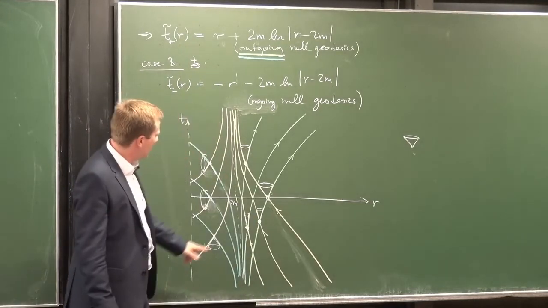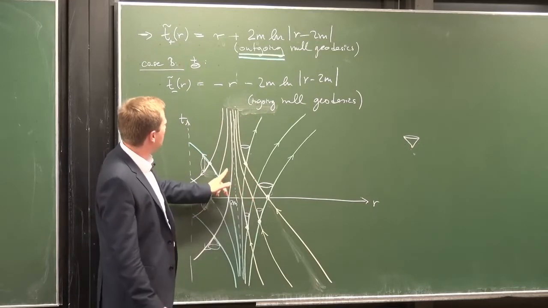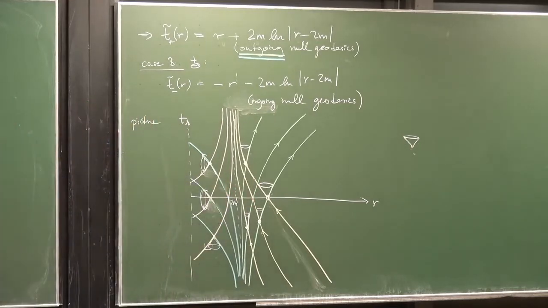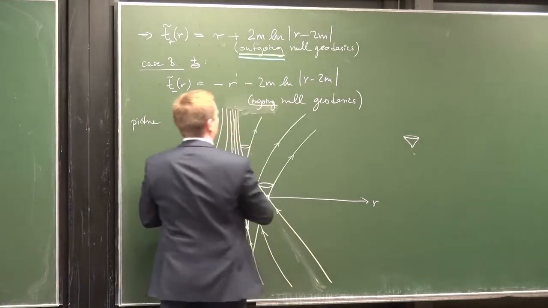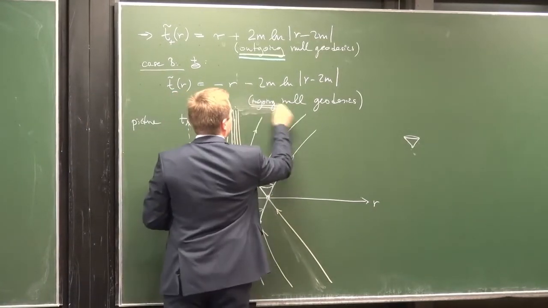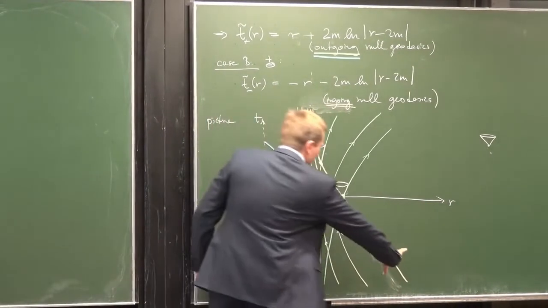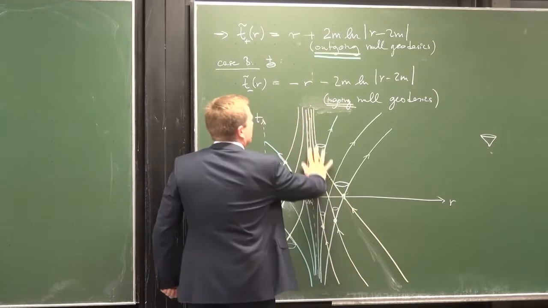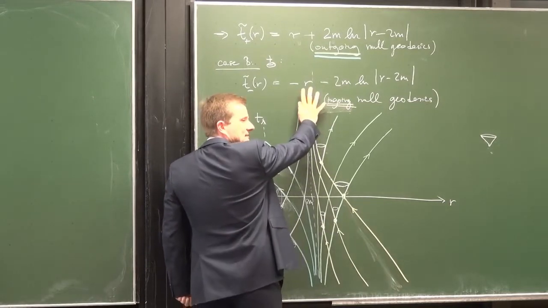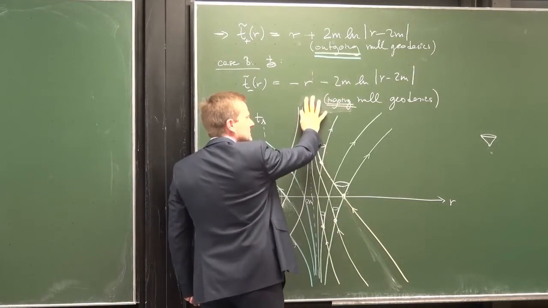What happens here? So the yellow and the red ones are the infalling ones, right? That we got from the ingoing solution. Now, isn't it already a little bit suspicious that the infalling ones run up to infinity in this chart, say to the city boundary of Linz?